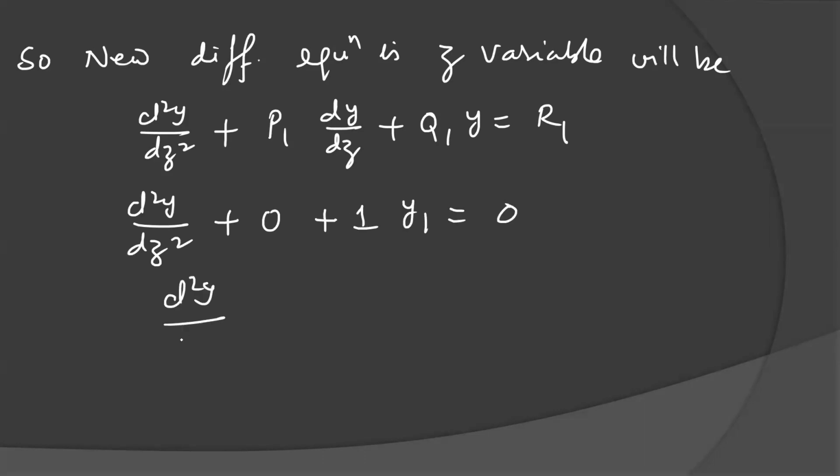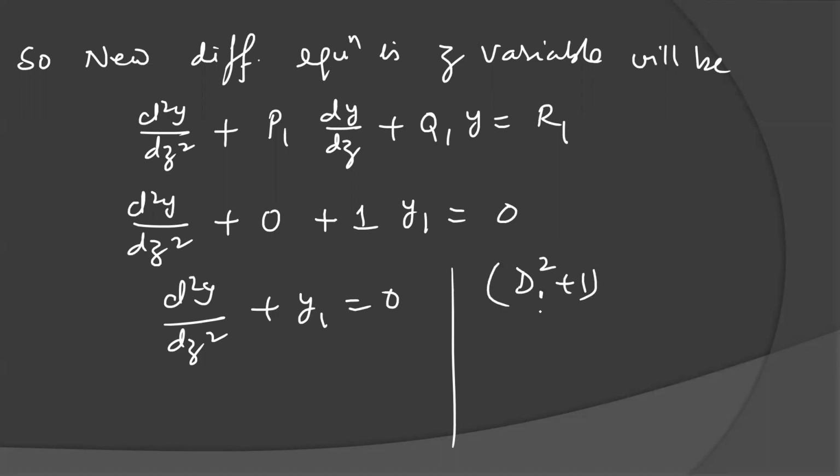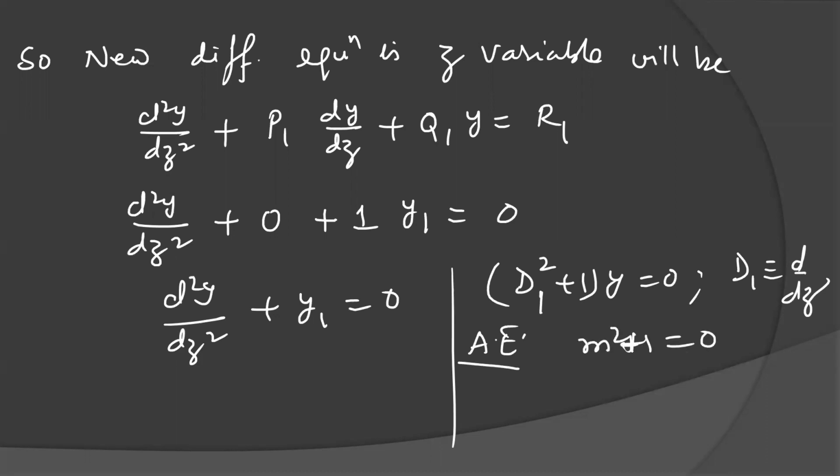So it reduces to a constant coefficient equation. Or you can write (D1 square plus 1) y equals 0, where D1 is d by dz. It is a constant coefficient equation, so we can write the auxiliary equation. It will be m square plus 1 equals 0. Remember, we can write the auxiliary equation whenever it is a constant coefficient differential equation. So m will be 0 plus minus iota.